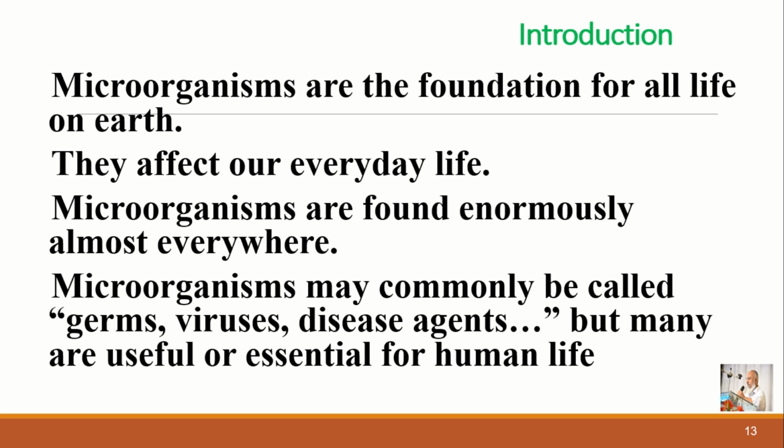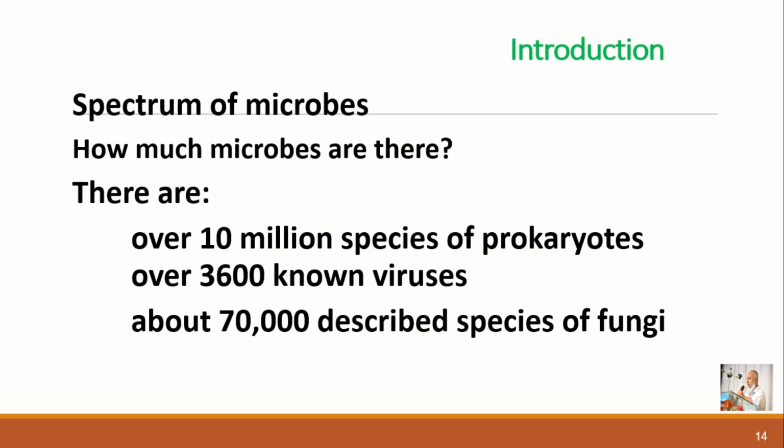Microorganisms are the foundation for all life on Earth. They affect our everyday life. Microorganisms are found enormously almost everywhere. Microorganisms may commonly be called germs, viruses, disease agents, but many are useful or essential for human life.